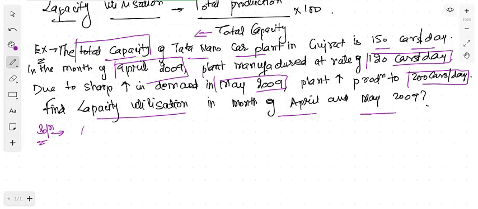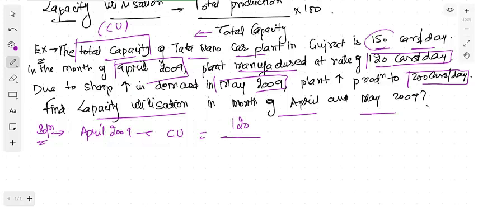So for April 2009, capacity utilization, represented by CU, is equal to total production, 120 cars per day, divided by total capacity 150, into 100, which is 80%.